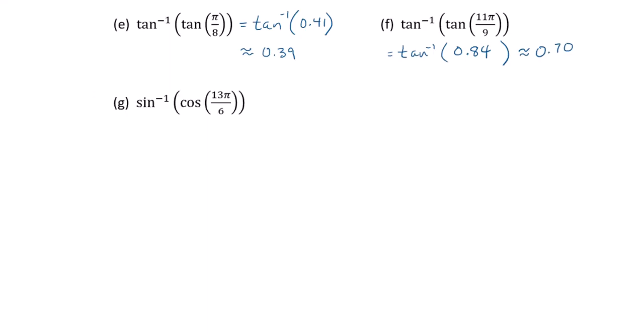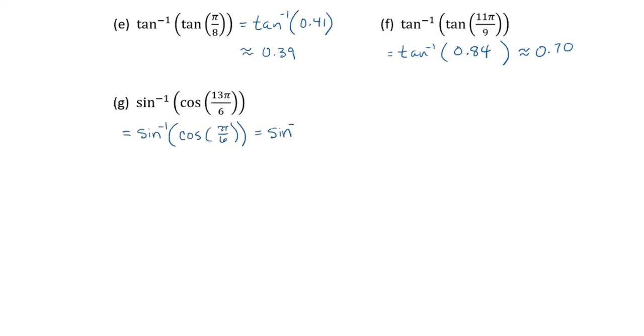The inverse sine of the cosine of 13 pi over 6. Now, it might seem like this is not a special angle, but remember, this is coterminal with the angle pi over 6. So there's no need for a calculator here. We can get an exact answer instead of just an approximate one. So this is going to be equal to the inverse sine of the cosine of pi over 6.